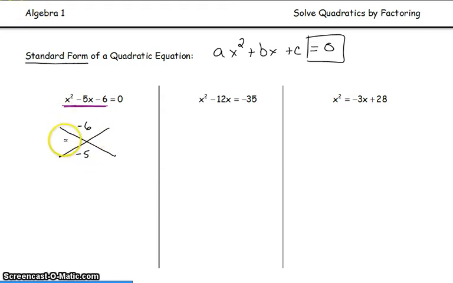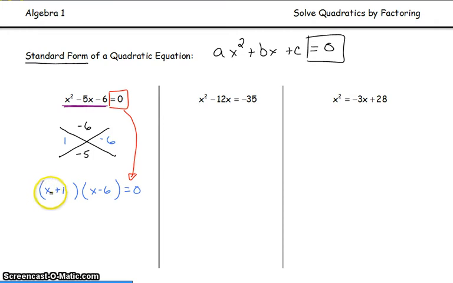I know that a positive 1 times a negative 6 will multiply to negative 6 and add to negative 5. I factor it exactly like I did before. That's going to be an x plus 1, and an x minus 6. The last step I do here is to bring this all the way back down after I've factored, and it's equal to 0.